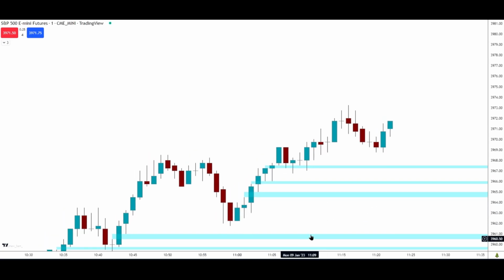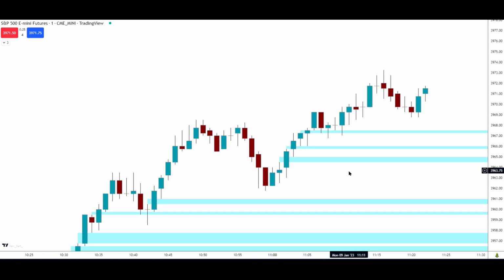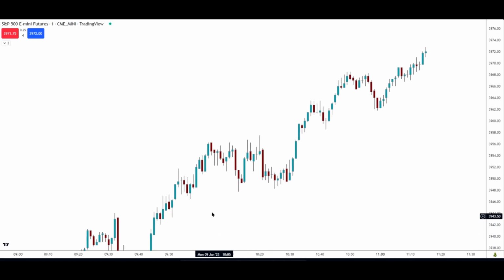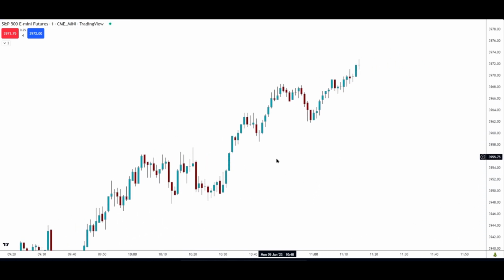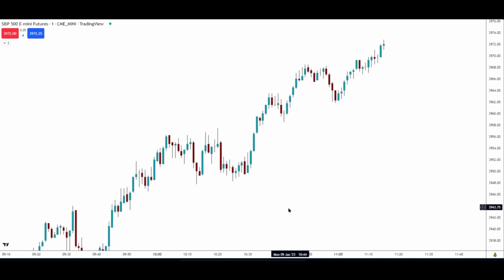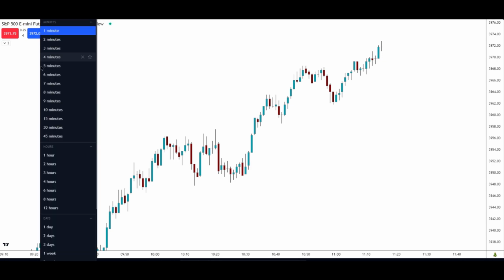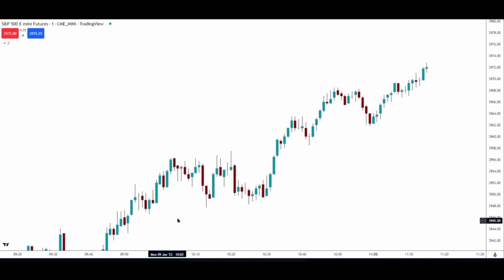Or in the Asia session, I like to use the 1 minute chart to find volume imbalances to help me decide direction. The algorithm is pushing price up either to equal lows or equal highs, or to fill in a higher time frame fair value gap. So you have to mix the higher time frame with the lower time frame to have any shot at figuring this stuff out, guys.